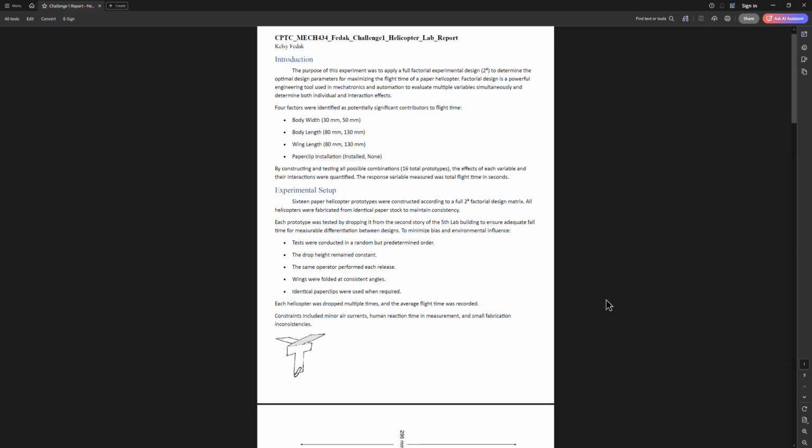So instead of testing one variable at a time, factorial design allows us to study multiple variables simultaneously while also identifying the interaction effects between each of them. I think this is important because using all the combinations selected, the experiment can determine not only which variables matter the most, but also how they interact with one another.